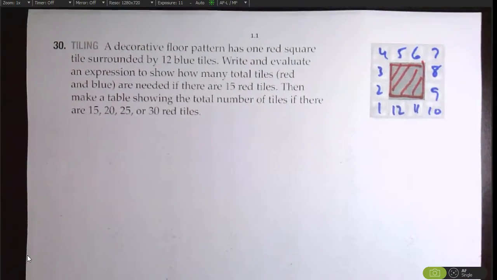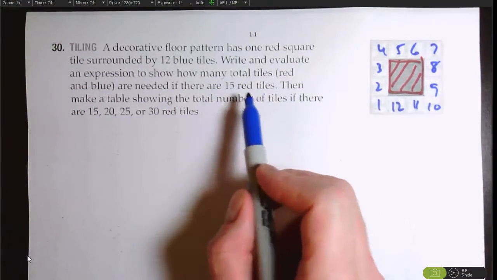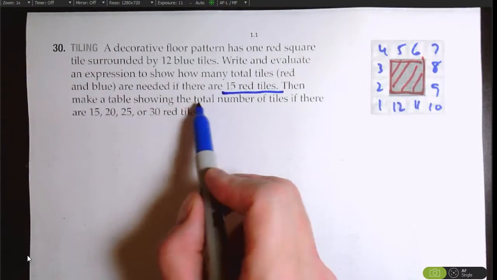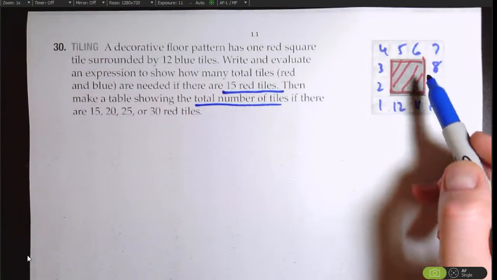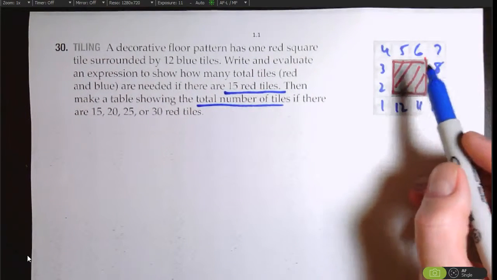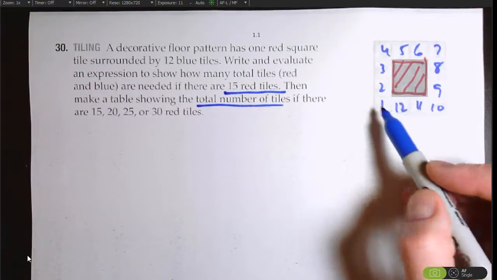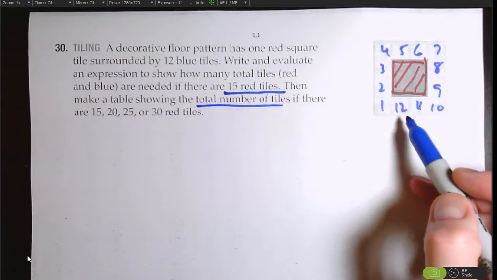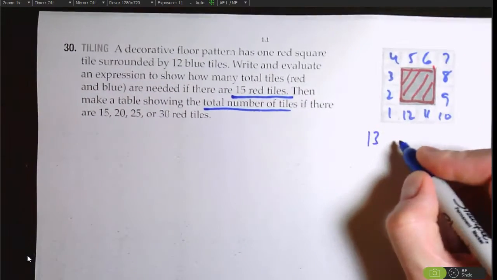So the question is, if we have 15 red tiles, how many are the total number of tiles? Well, if we look at this, we have 1 red plus the 12 blue. So there are 13 tiles total.